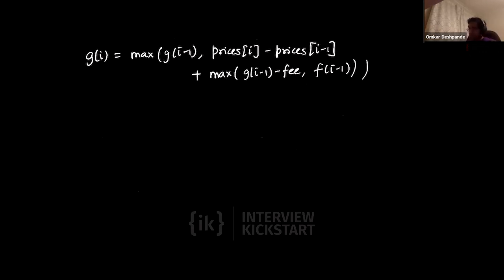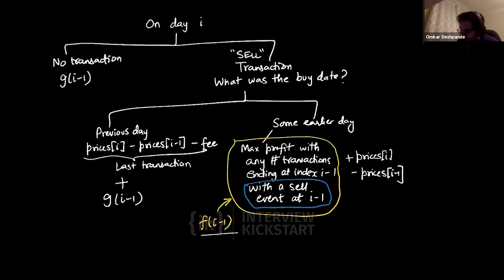So that's the recurrence for g, which is in terms of f, so we definitely need a recurrence for f. And as always, the recurrence for f is going to be precisely this.